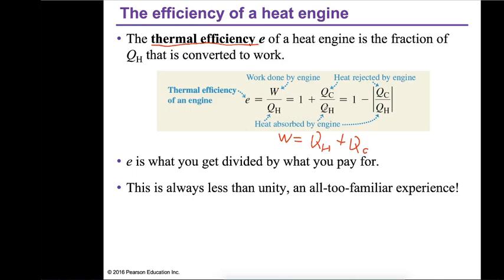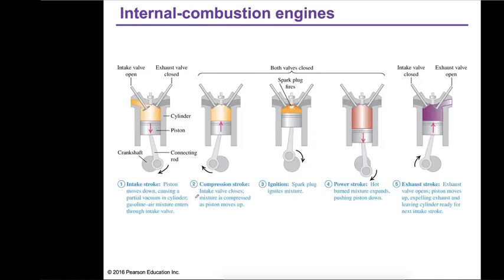Remember, QH is positive, QC is negative, so it also equals 1 subtracted by the absolute value of QC over QH. So E, the efficiency, is what you get divided by what you pay for. This is always less than unity, an all too familiar experience.